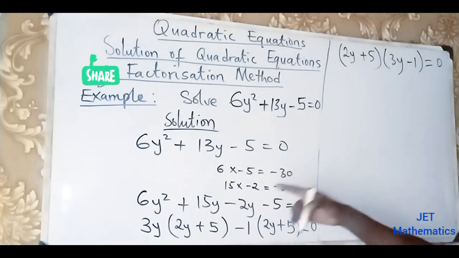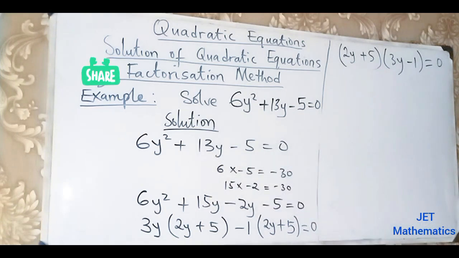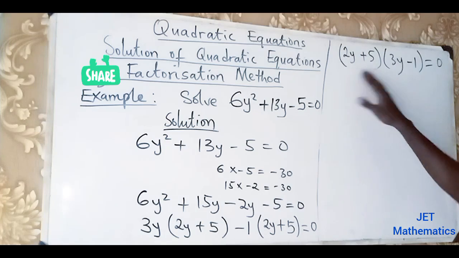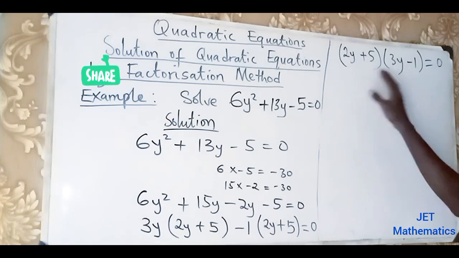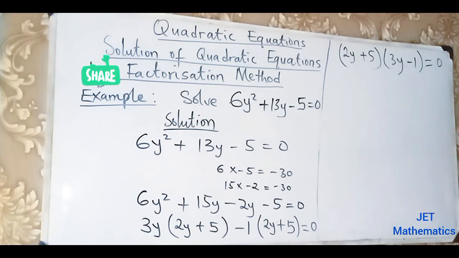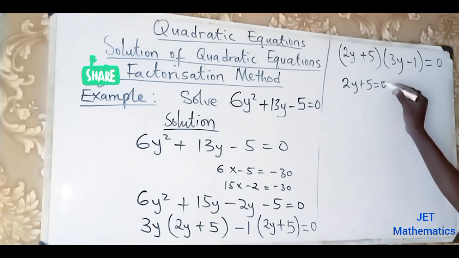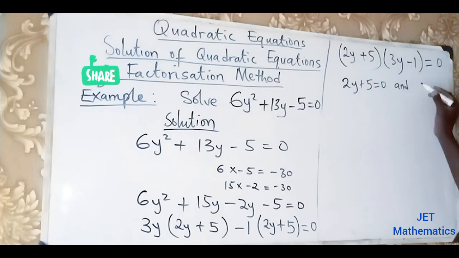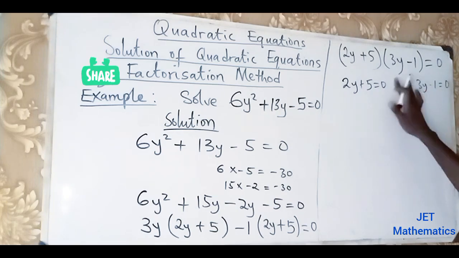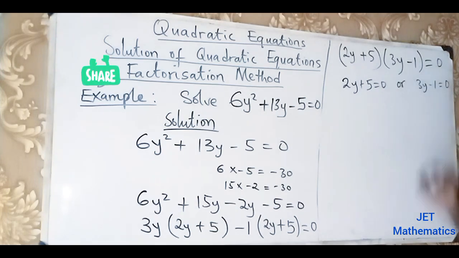So you see, we have been able to factorize this quadratic equation into the product of two linear factors. And so from here, we can say that 2y plus 5 equals 0, or 3y minus 1 equals 0. Better still, let's use the word or.